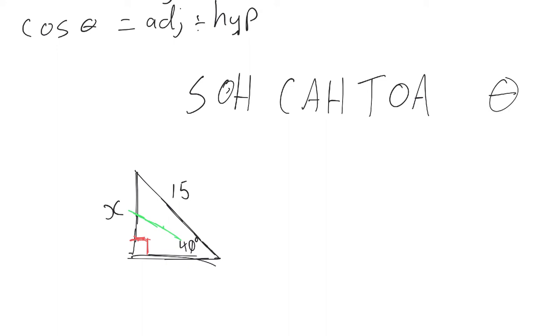Now that we know that the opposite side is labeled, we want to go up to our SOHCAHTOA acronym and basically just underline any of these triples that have the letter O in it for opposite. So we've got sine and tangent. They both use the opposite.